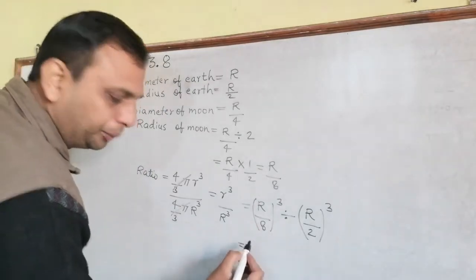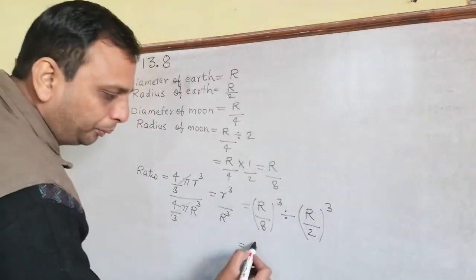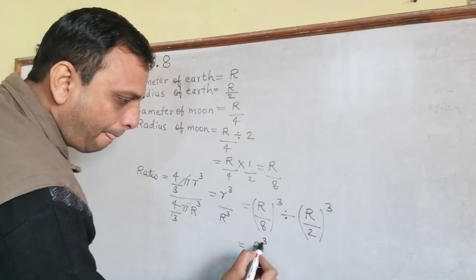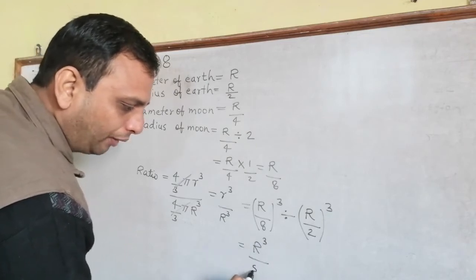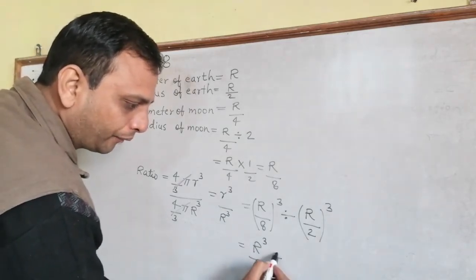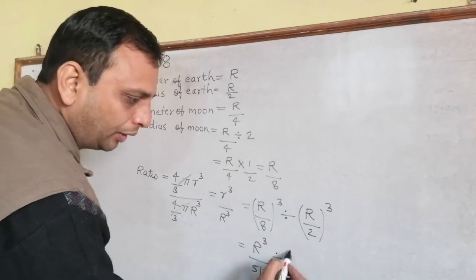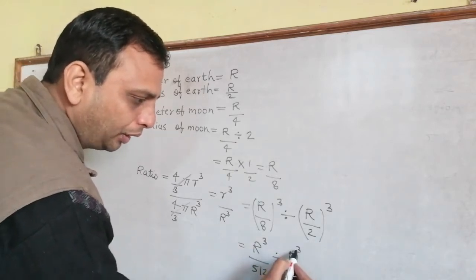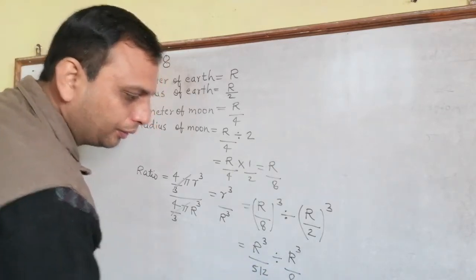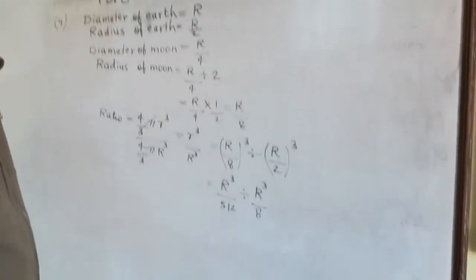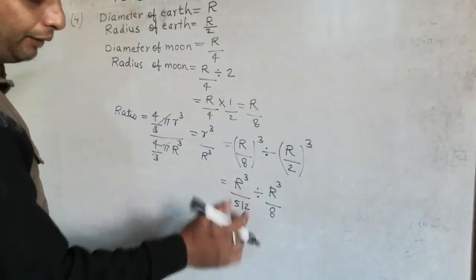So it will be equal to R cube upon 512 divided by R cube upon 8. Now this divide sign will be removed.